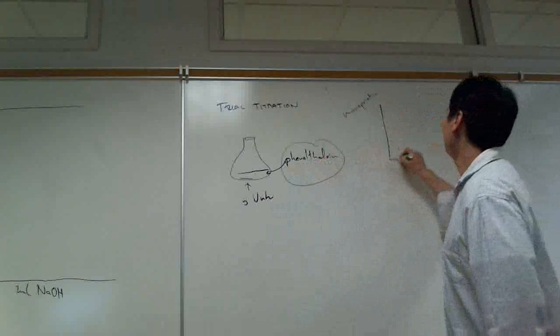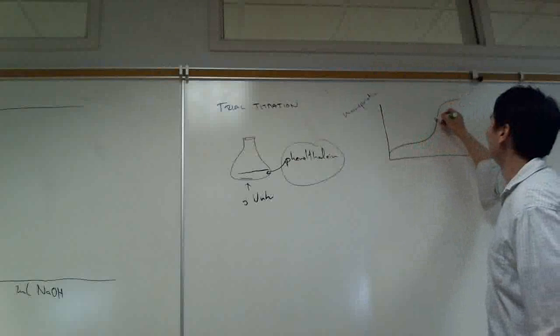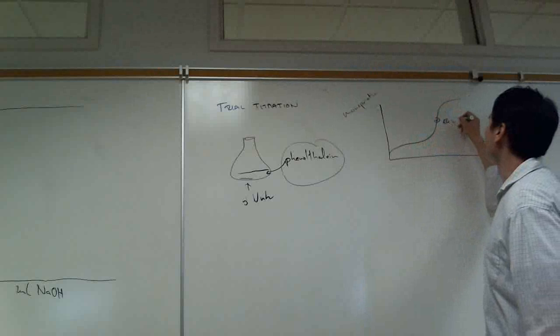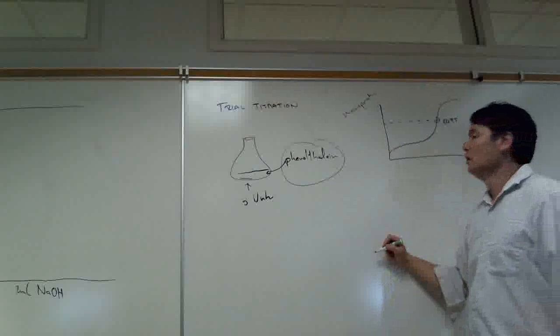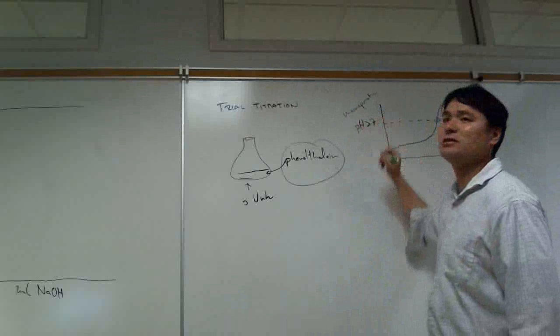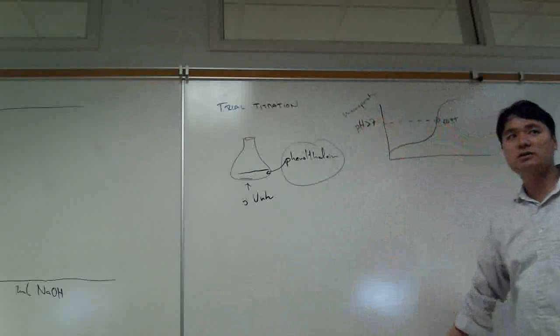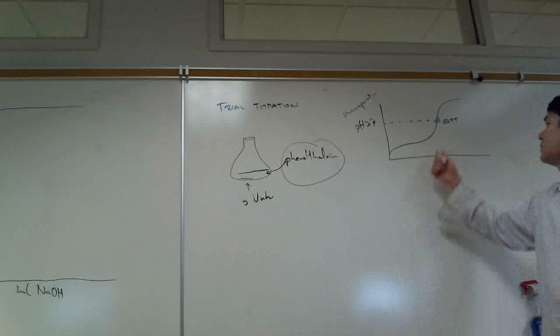And so if we're looking at monoprotic, what's the pH at the equivalence point? No. The pH is going to be greater than 7. It's only for a strong acid, strong base that you have a pH of 7, like sodium chloride. This would be something like sodium acetate.